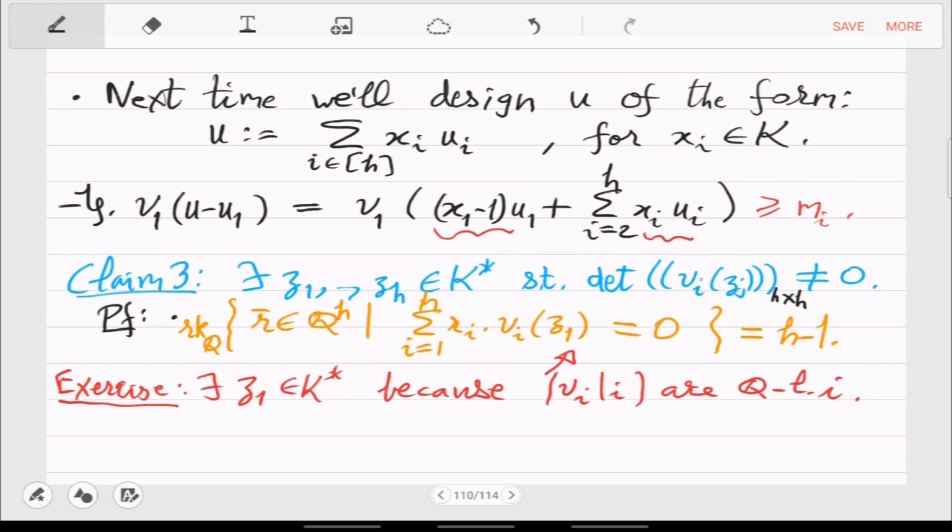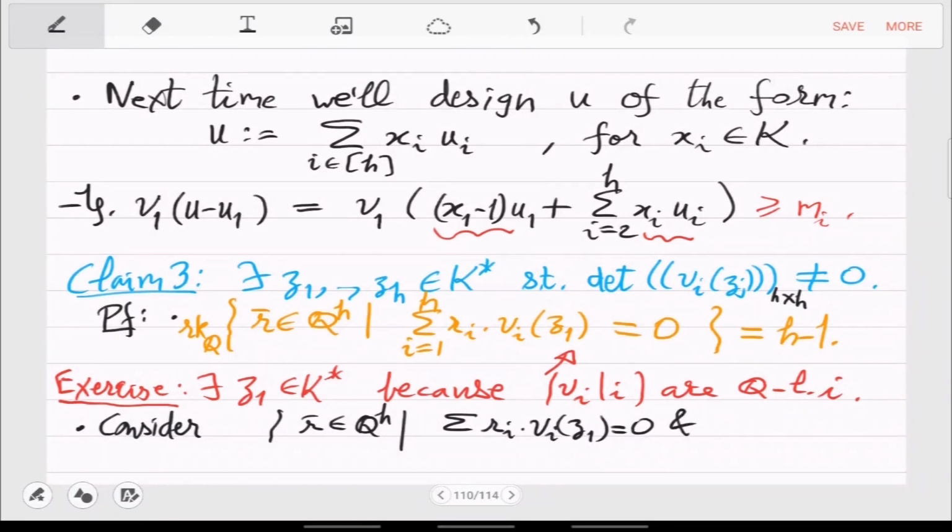Okay, next what we will do is, this only gives us Z1, we also want now Z2. So we look at two constraints. So consider the vector space of the solution set of this and some other Z2.